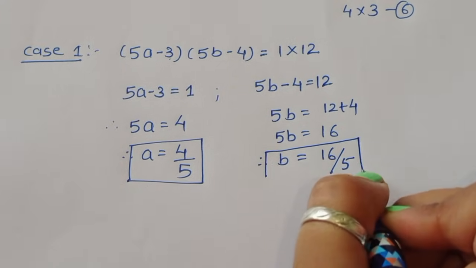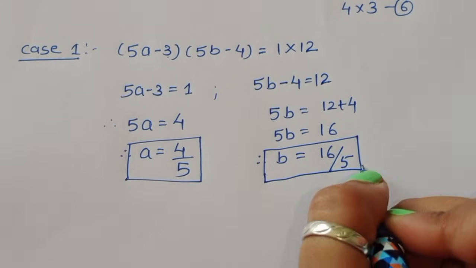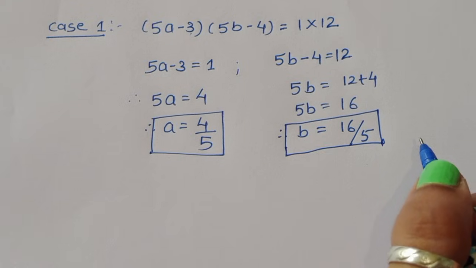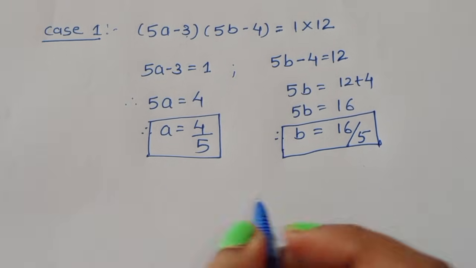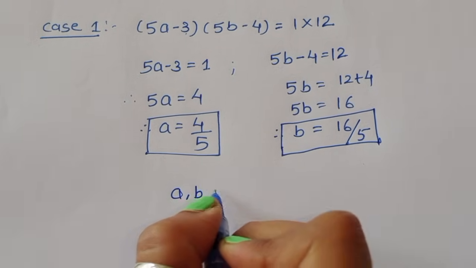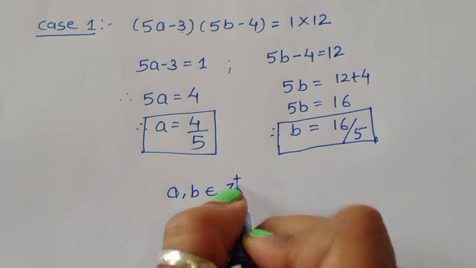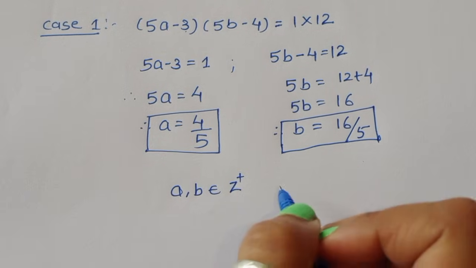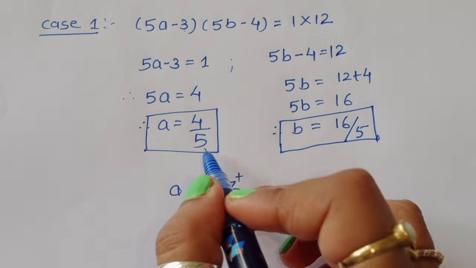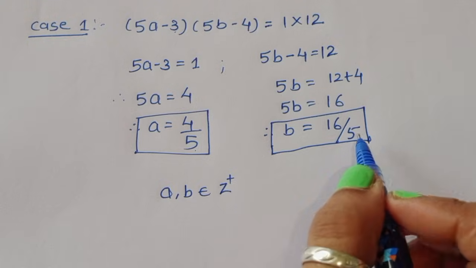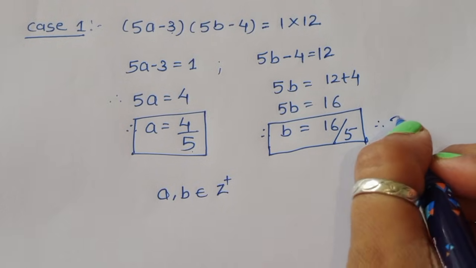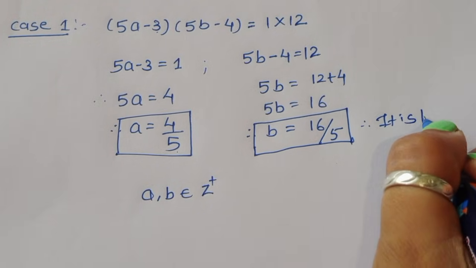This is the value of b. But according to the given condition in the question, a, b belong to positive integers. Here a equal to 4 upon 5 and b equal to 16 upon 5. So that's why it is rejected.